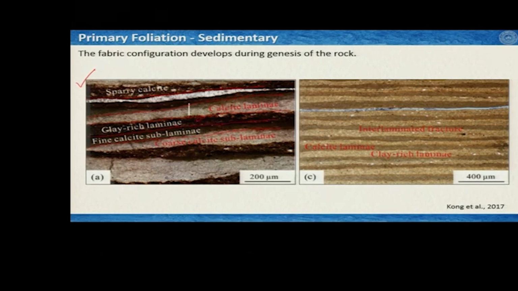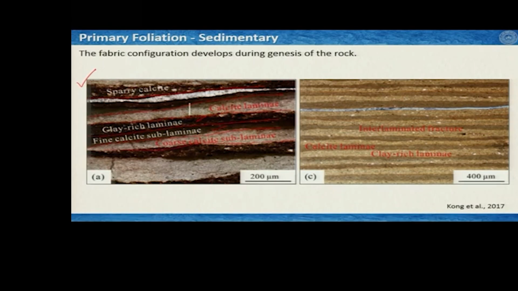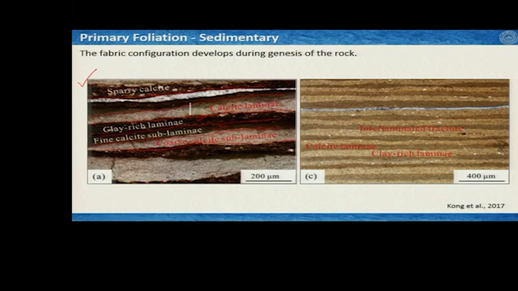The top layer is clay rich lamina, the second is fine calcitic sublamina, and this layer is coarse calcite sublamina. So, the grain size is also varying, and at the same time the compositions vary in defining the primary foliation in this sedimentary rock.